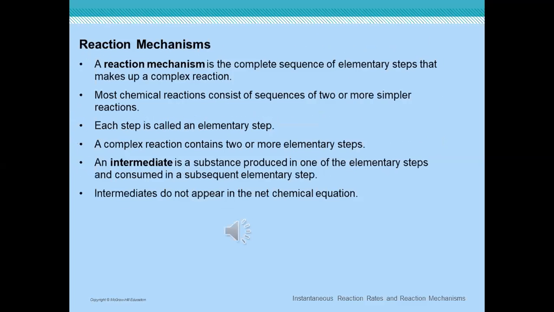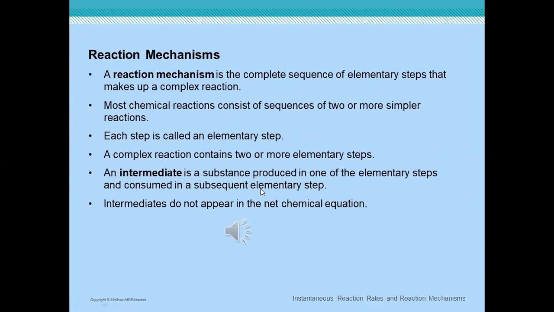After that, listen please to this. Reaction mechanisms. A reaction mechanism is the complete sequence of elementary steps that makes up a complex reaction. Most chemical reactions consist of sequences of two or more simpler reactions.